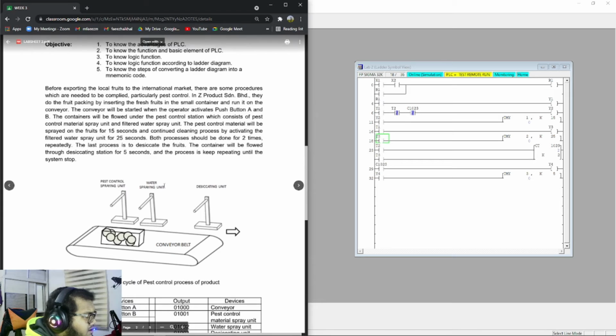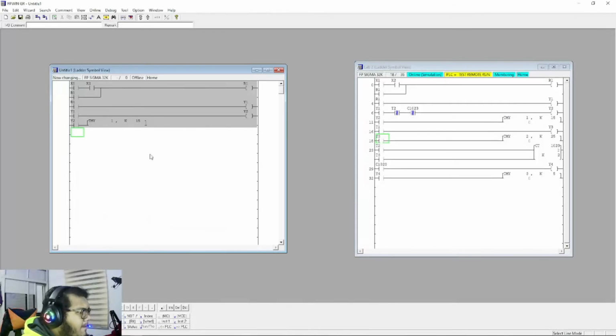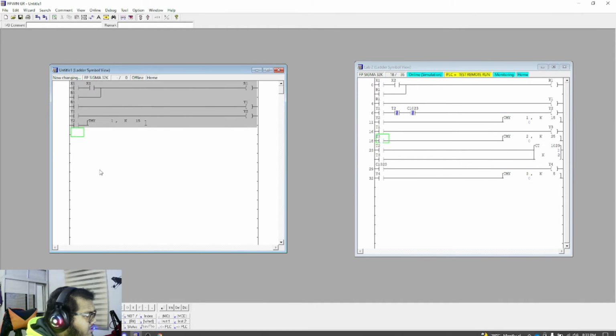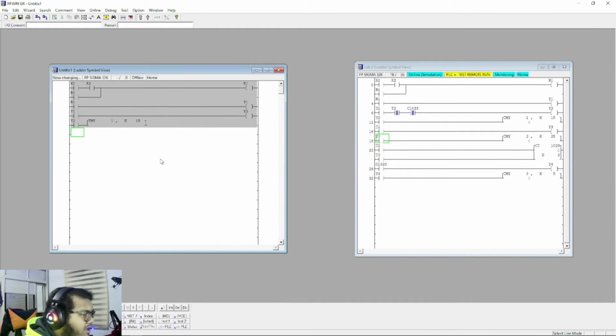Y3 is the water spray unit. So the water spray unit is Y3.